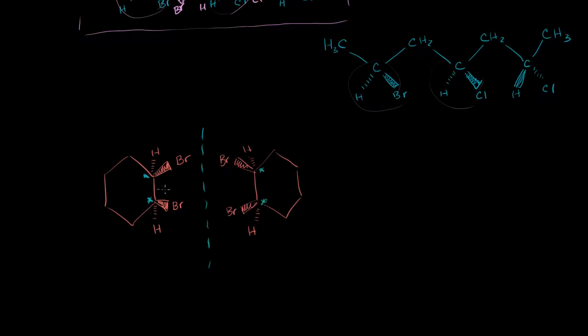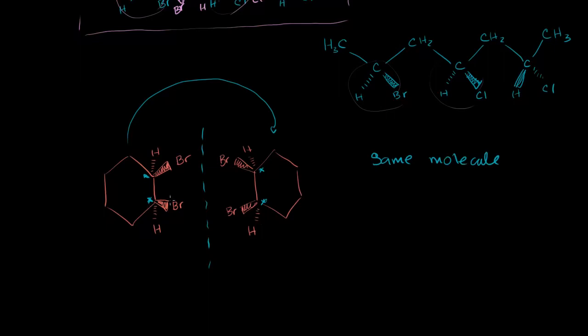And obviously this one is chiral and that is chiral. But if you think about it, they are mirror images of each other, and they each have two chiral centers, or two chiral carbons. But all you have to do is flip this guy over, and you will get this molecule. These are the same molecules. So this is interesting, and we saw this when we first learned about chirality. Even though we have two chiral centers, this is not a chiral molecule.